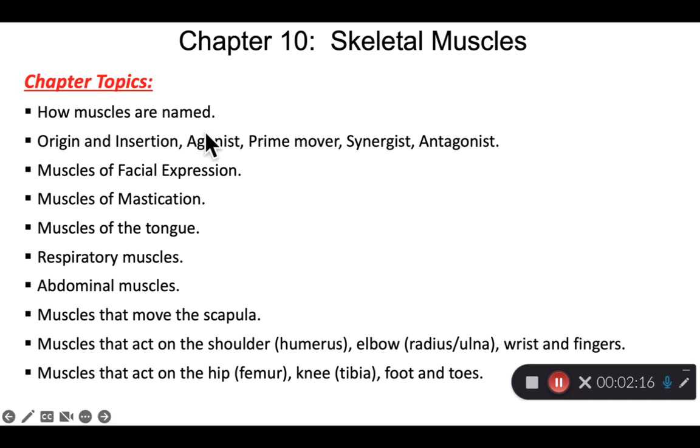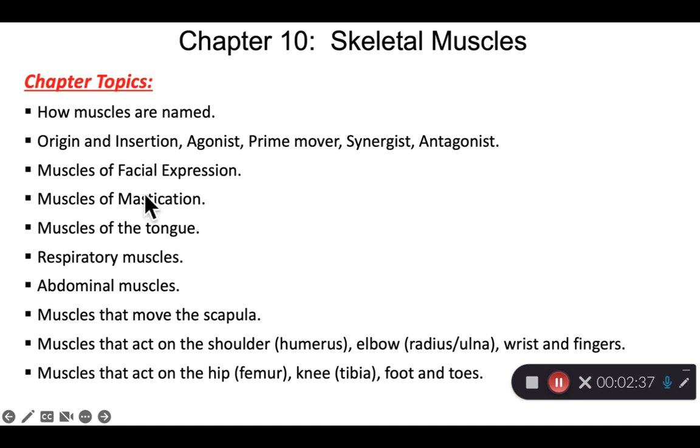So those are always going to be the most important muscles. And then a synergist is a muscle that does the same thing as the agonist. So if the agonist flexes the elbow, so does the synergist. But if the agonist flexes, the antagonist extends. All right, but we'll talk more about that.